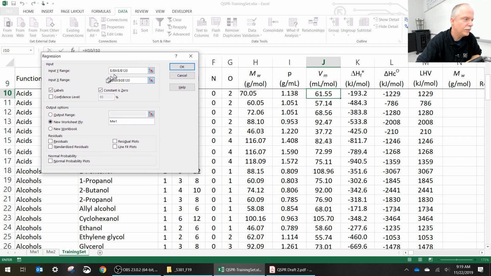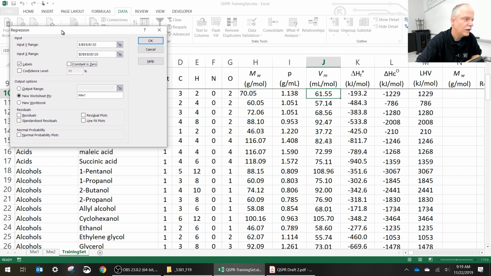And I'm not going to put that constant 0, so I'm going to uncheck that constant 0 box. And our structure matrix is still D9 through G120, so we don't change that. We still have carbon, hydrogen, nitrogen, and oxygen labels, and it goes down to the bottom. I'm going to call this VM1 for the regression, and I'm going to hit OK.